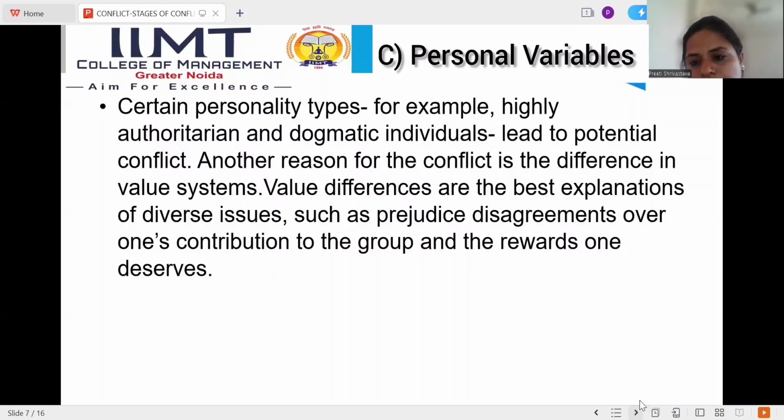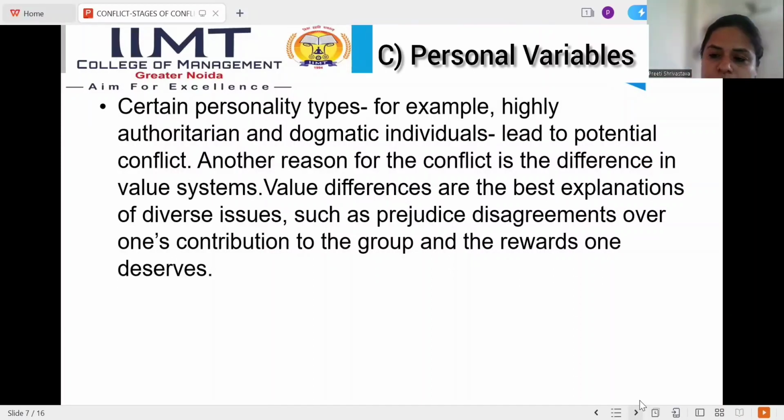The value differences are the best explanation of diverse issues, such as prejudice and disagreement over one's contribution to the group and the reward one deserves. So, these three variables are the reasons. The first one is the communication, the second one is the structure, third one is personal variables can cause conflict.